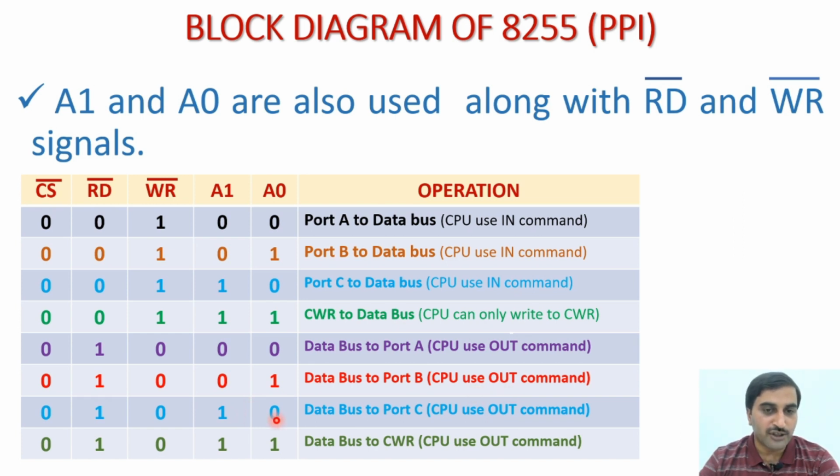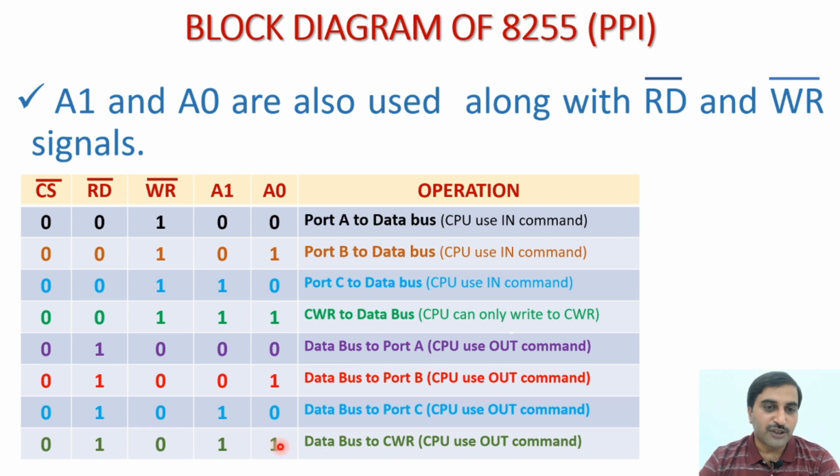In case of 10, port C will be selected and our write cycle is active, so data will go from the data bus to port C through the data bus buffer, and again in this case also the OUT command will be utilized by the CPU of the system. And in the last case 11, data bus to CWR, that means our write signal is active and data will go to the control word register.